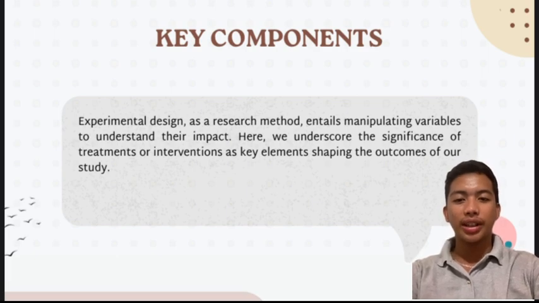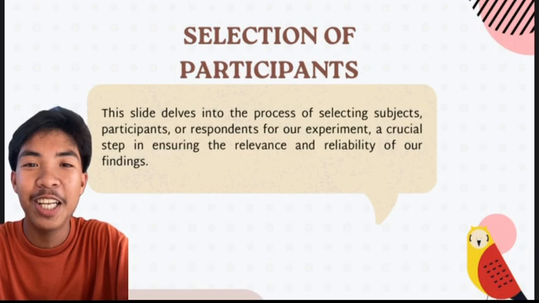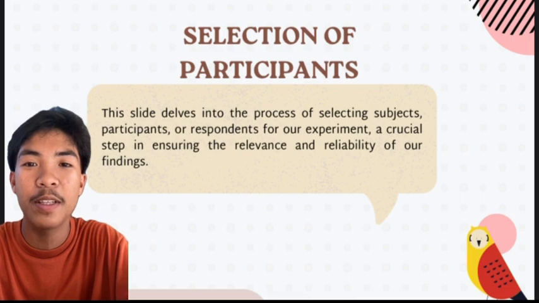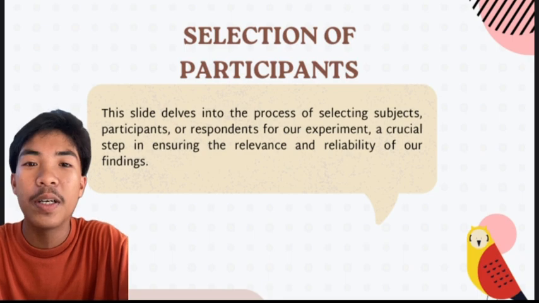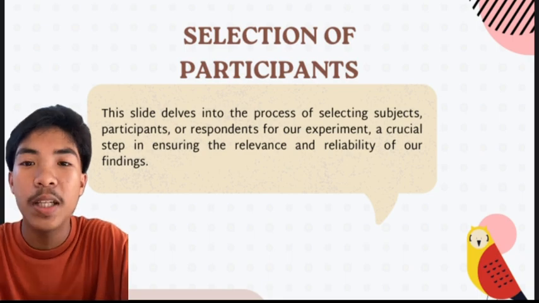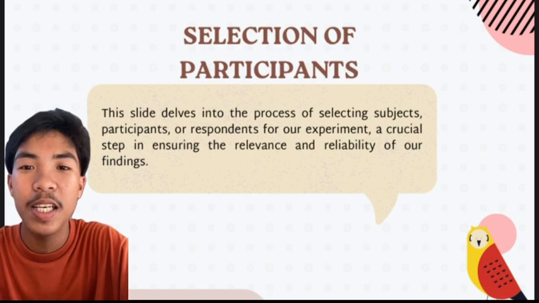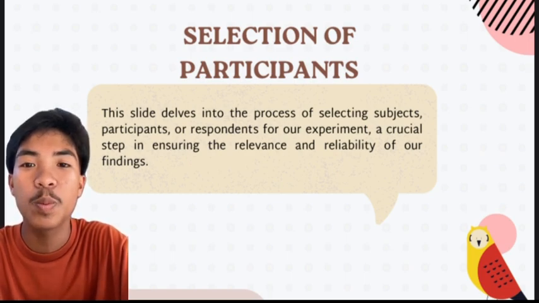This slide delves into the process of selecting subjects, participants, or respondents for our experiment, a crucial step in ensuring the relevance and reliability of our findings. Consider the slide as the casting call for our research production. We're diving into the nitty-gritty of selecting the actors, the subjects, participants, or respondents for our experiment.